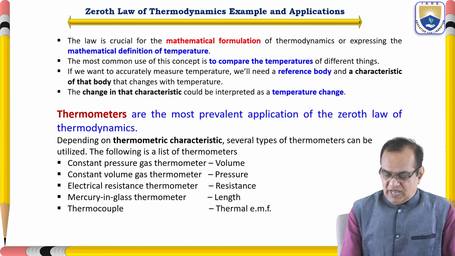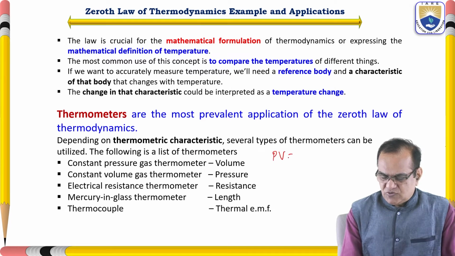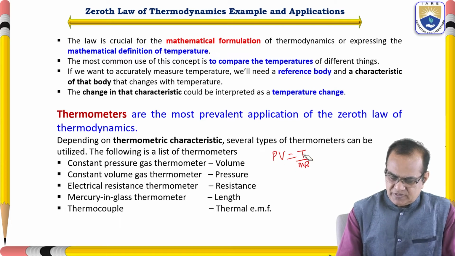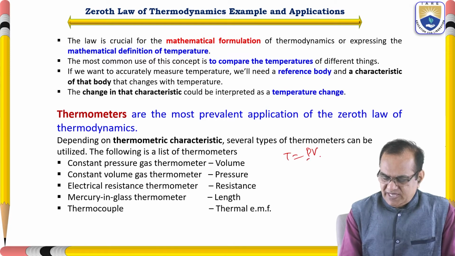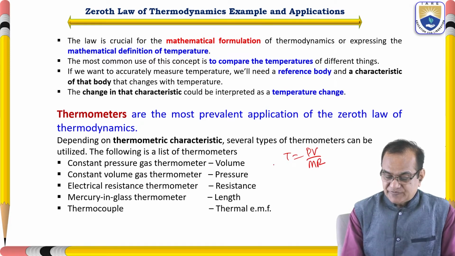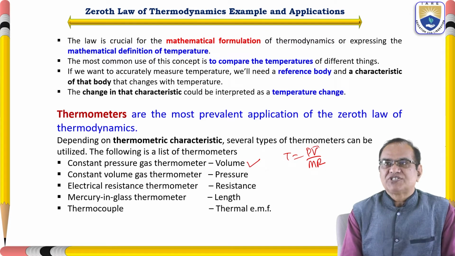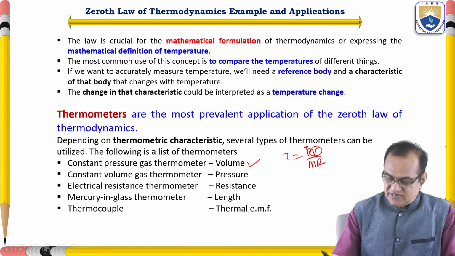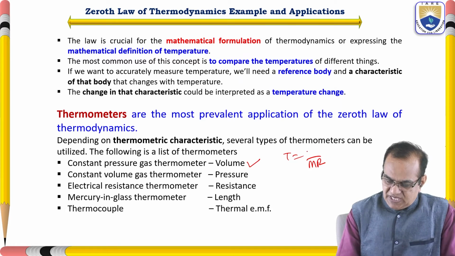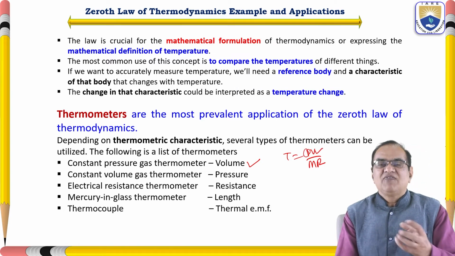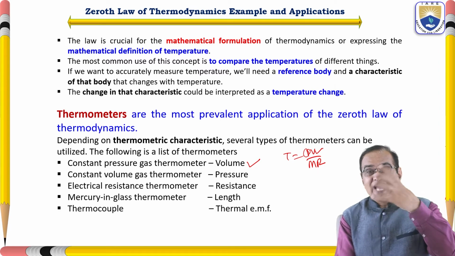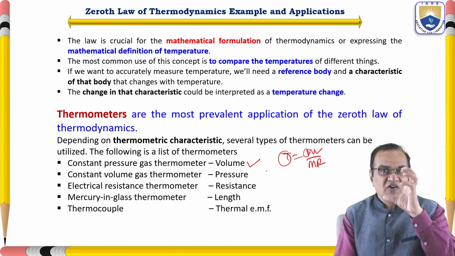I have shown you that PV is equal to mRT. So P is equal to mRT by V. Here, in this case, if pressure is constant, the volume of this thing will vary, and this volume will be directly proportional to T. So that is the first case.